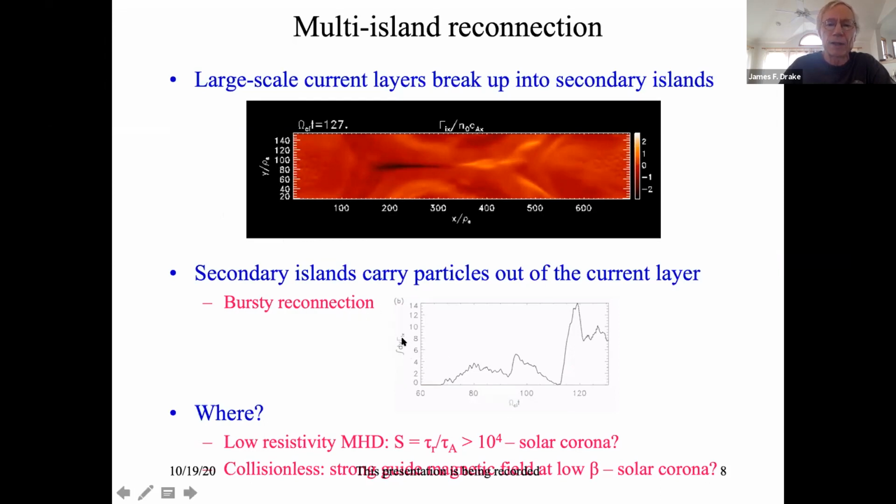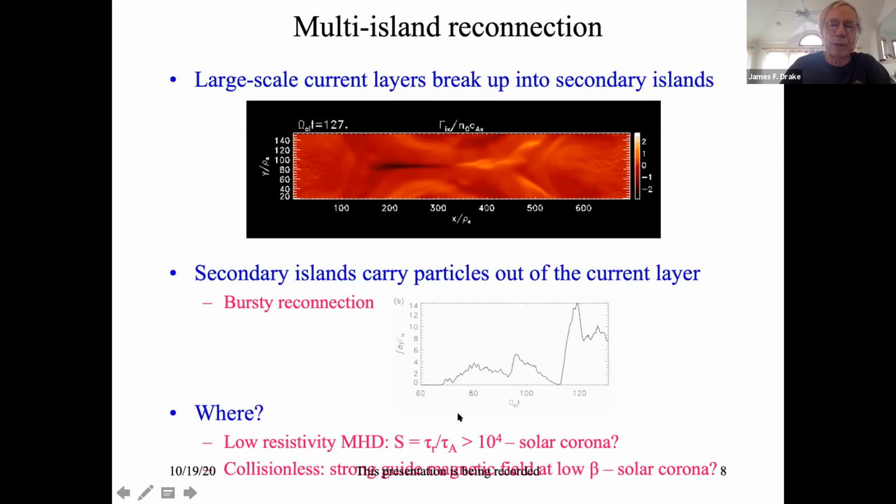And if you plot the flux coming out of the exhaust region at either end, it takes on a bursty behavior as these islands carry particles and magnetic flux out of the current layer. This type of behavior is important for resistive MHD models.